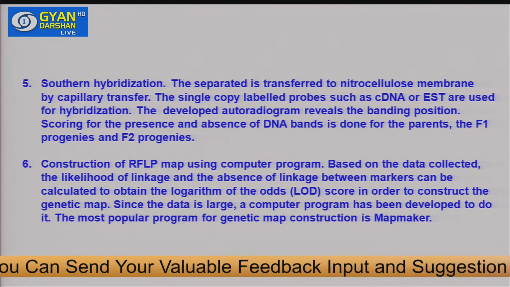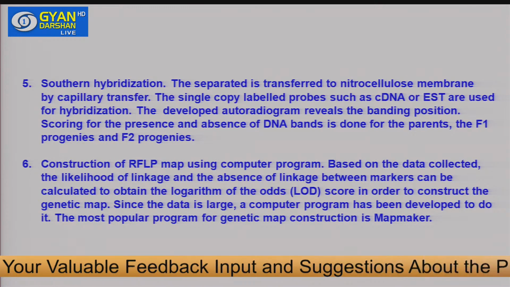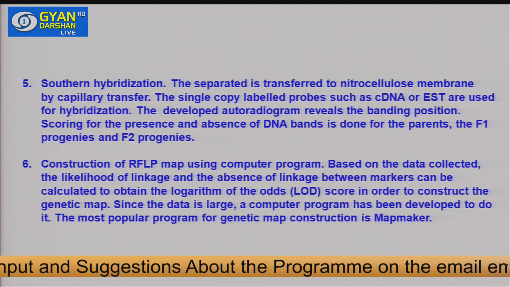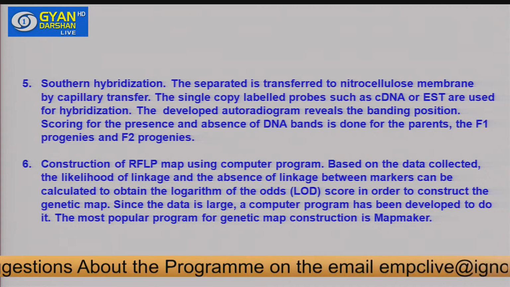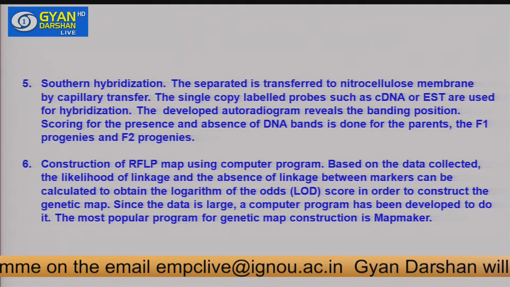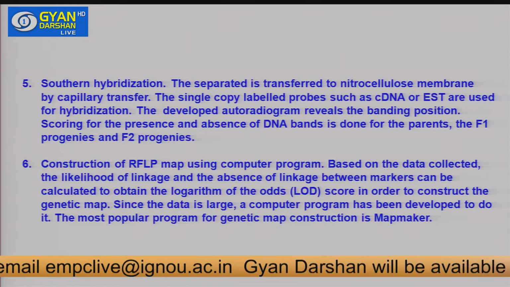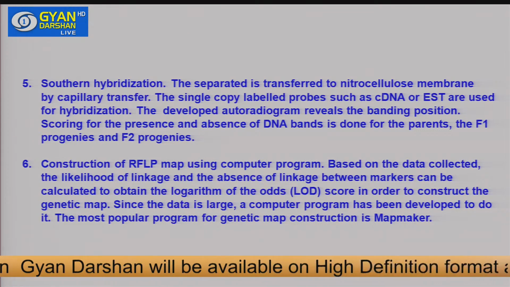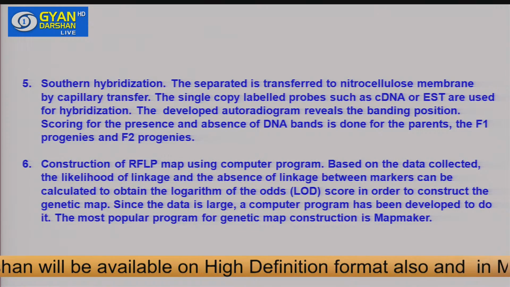Construction of an RFLP map using a computer program. Based on the data collected, the likelihood of linkage and absence of linkage between markers can be calculated to obtain the logarithm of the odds, that is the LOD score, in order to construct the genetic map. Actually, the LOD score gives you an idea of the evolutionary affinity, how close they are.